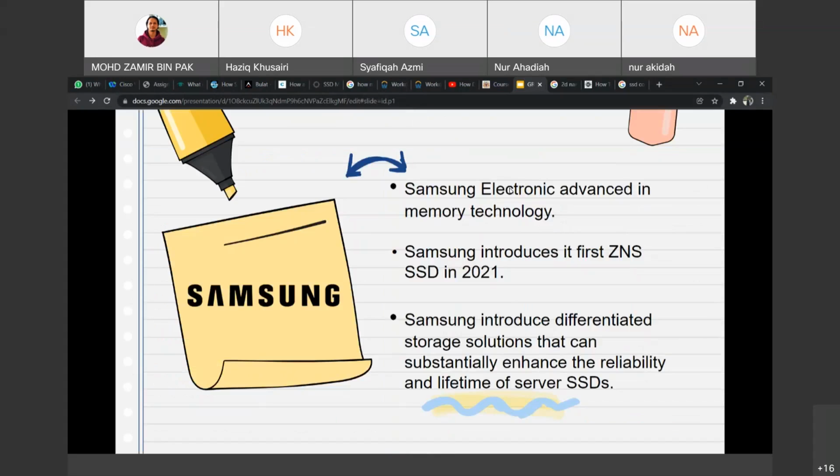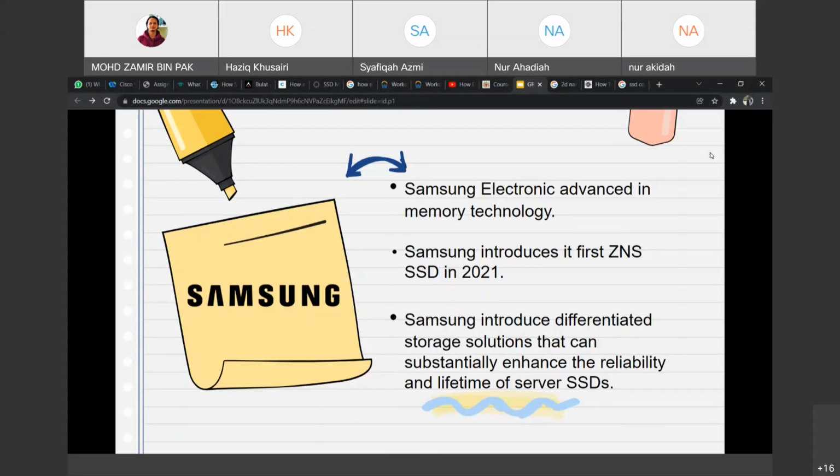Next is Samsung Electronics. Samsung is one of the biggest players in the electronic gadget market and is advanced in memory technology.